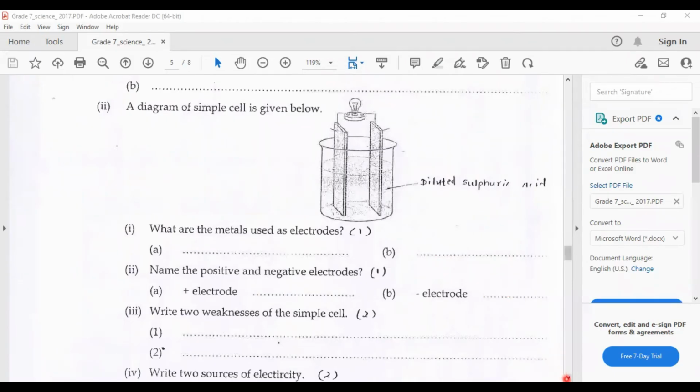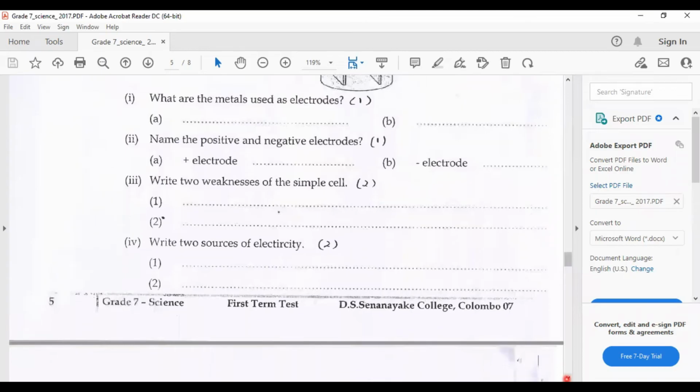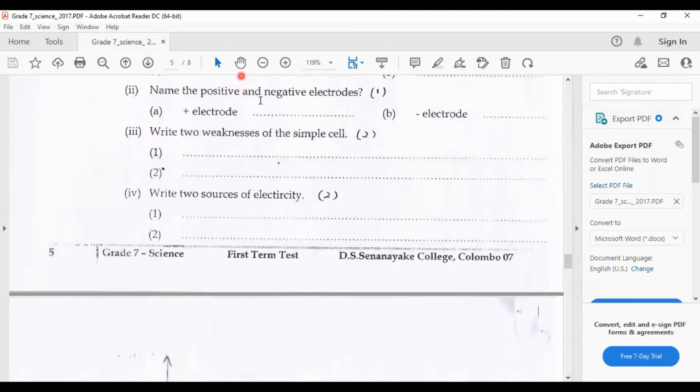Problem number 3. Write 2 weaknesses of the simple cell. One is it contains liquid. And the next one is inability to obtain current for a long period of time.